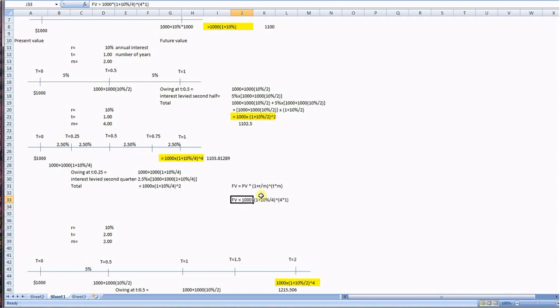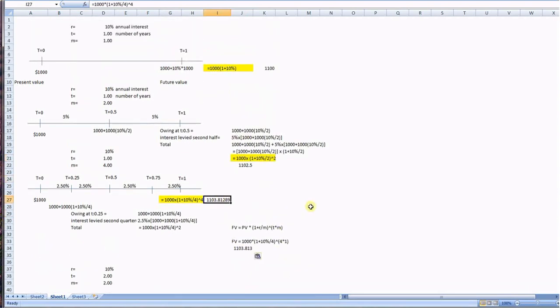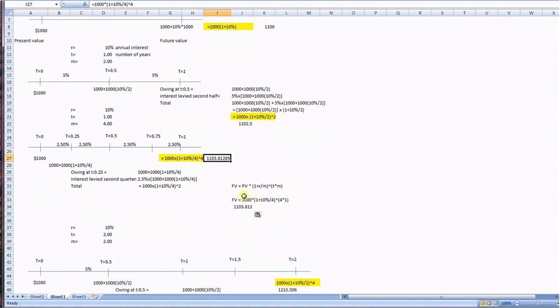So the result will be 1103.81, which is what we have done here. You can work through these examples yourself to convince yourself that this is the correct formula to use.